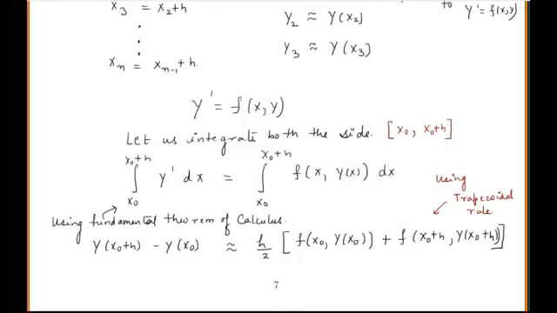Okay, so far so good. So we have this kind of expression. Now this term, let me use another color. In our previous notation, this term is named y1, y at x1. x naught plus h is x1, and this is y naught.